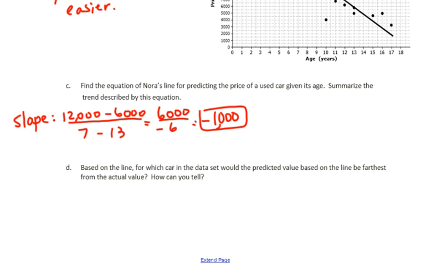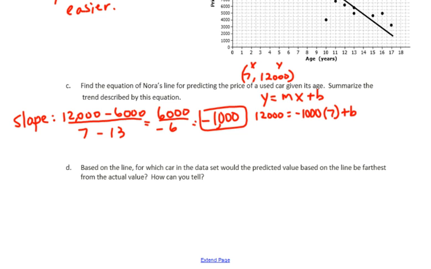Now I need to find the y-intercept, and what I do is I use y equals mx plus b. I use one of the points from above. I'm going to use 7, 12,000. And I'm going to plug in 7 for x and 12,000 for y. I know the slope is negative 1,000.